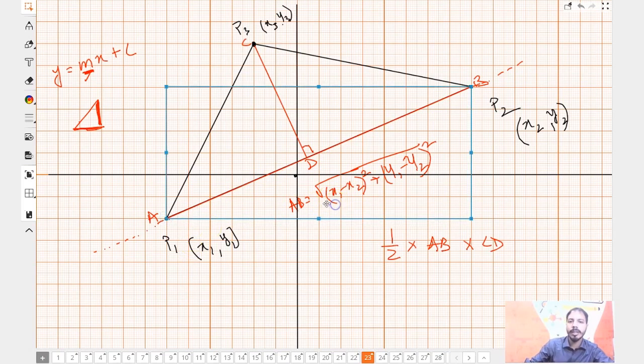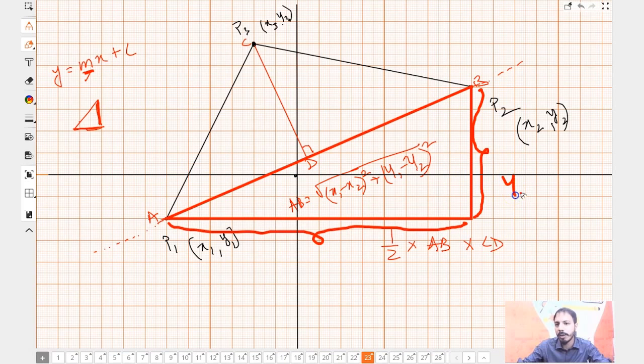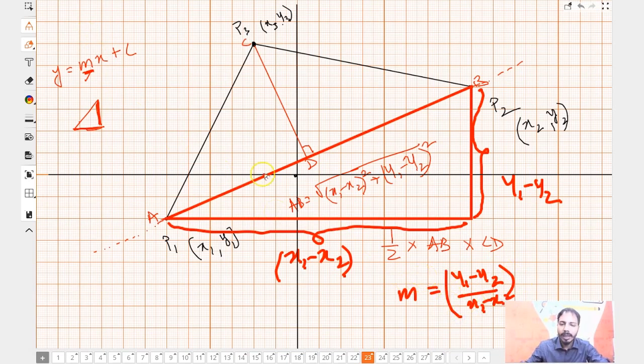In this triangle I can easily find this distance, which will be y1 minus y2, and this distance, which will be x1 minus x2. Now what will be m? m will be (y1 minus y2) by (x1 minus x2). In this way you get m, and putting this value here, you get the equation.